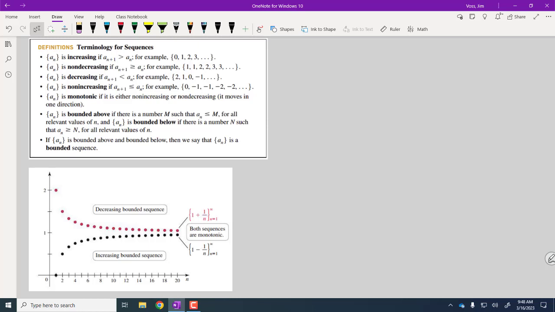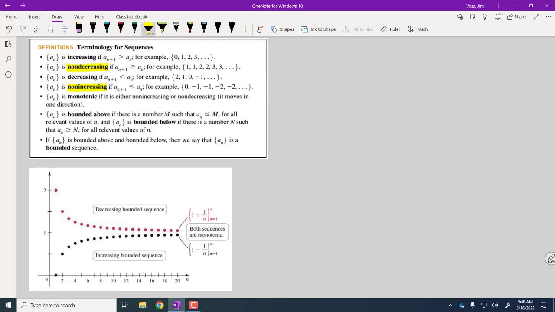And then we've got these two oddball ones, which are annoying. Mathematicians love to be as general as possible, no matter how impractical it is. So let's talk about what they mean, and then I'll talk about what I mean by being impractical. So non-decreasing, it is what it says. It's not decreasing.